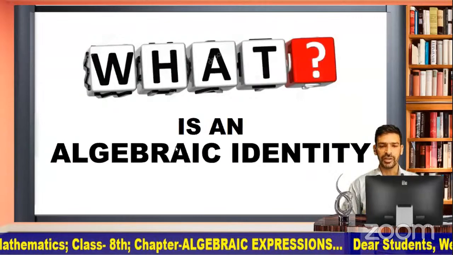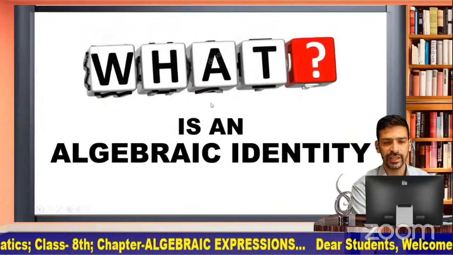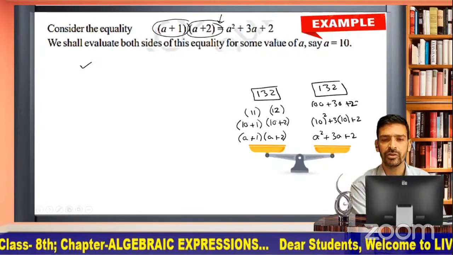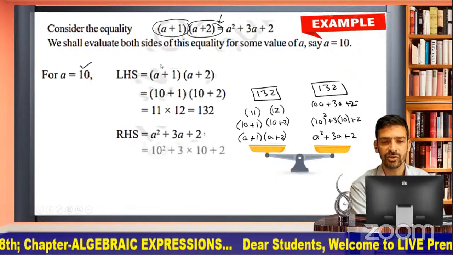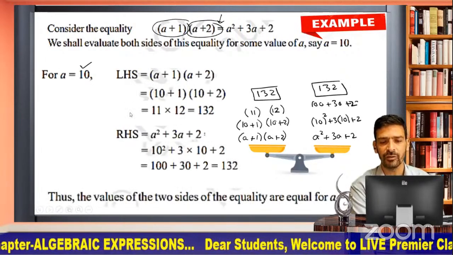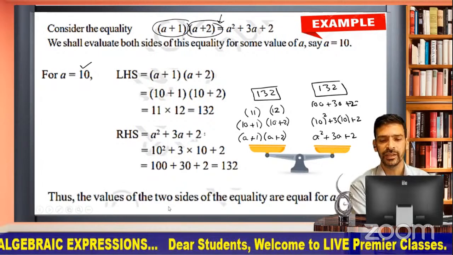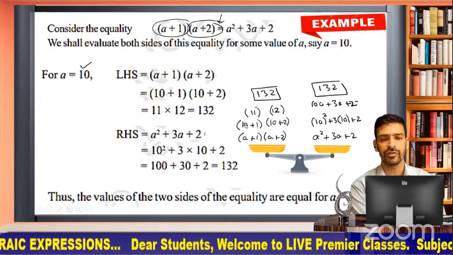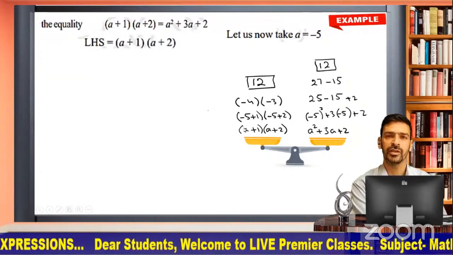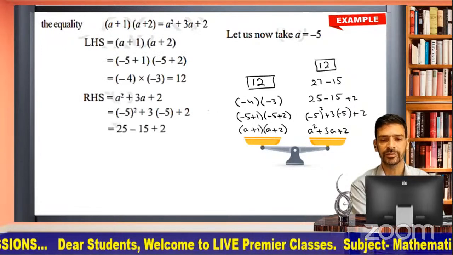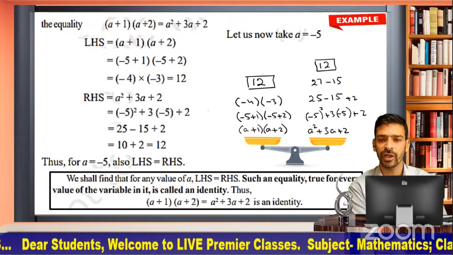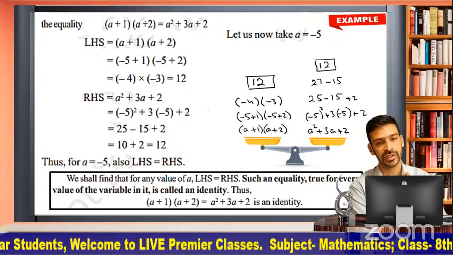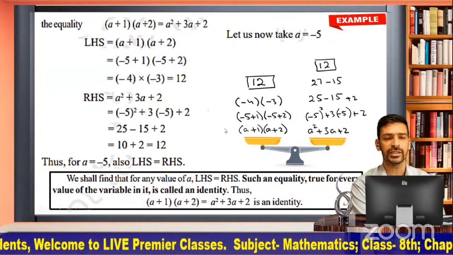We started with what is an algebraic identity. We took an equality, we solved it for values, and we found that the two sides are equal for values of 10. हमने एक और एग्जांपल ले ली. We solved it for -5, the same equality, and we found LHS equals RHS.